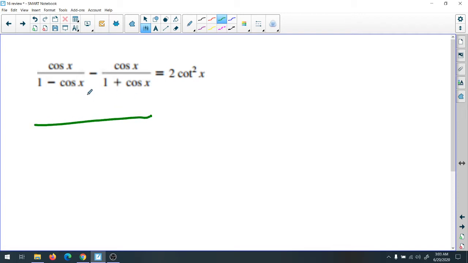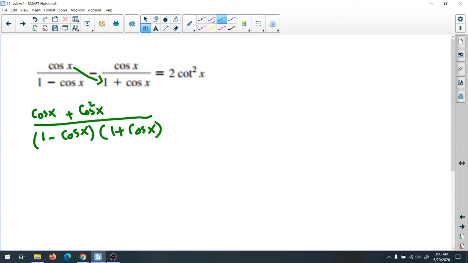Multiply the two denominators, 1 minus cosine x times 1 plus cosine x. Then we multiply the numerators: cosine x times 1 is cosine x, plus cosine x times cosine x is cosine squared.